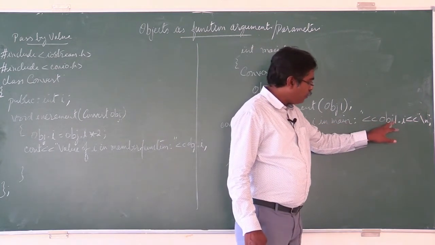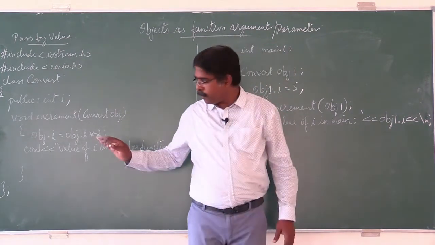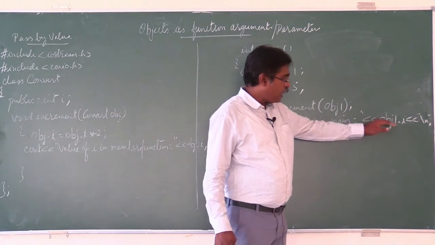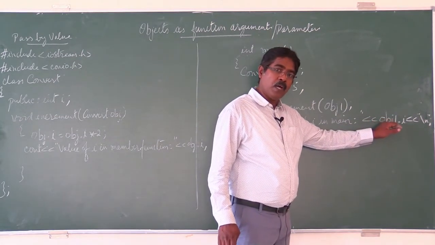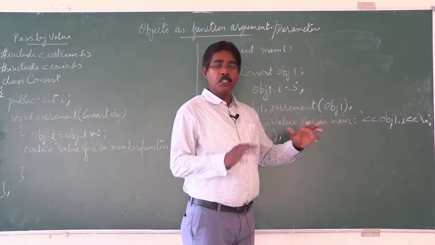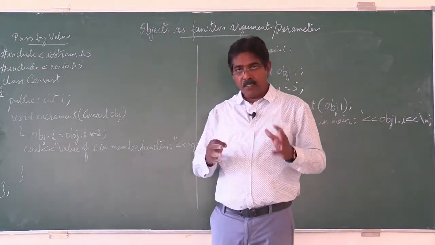Hence, 5 is printed here. In the member function, 10 is printed. In the main function, I's value, that is obj1's I, is 5 itself. There is no change. But when we move on to pass by reference, there is a change.